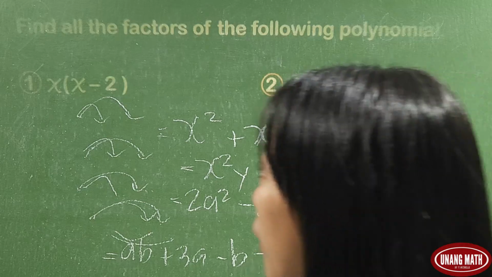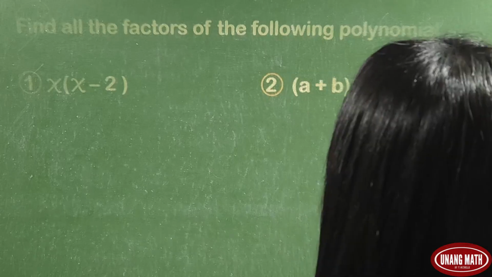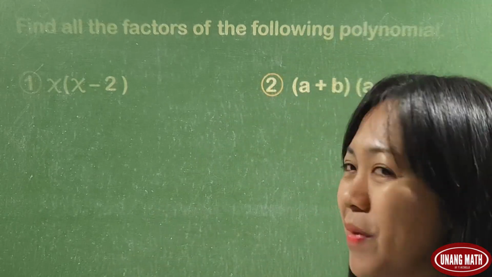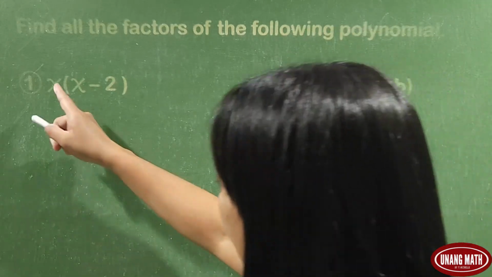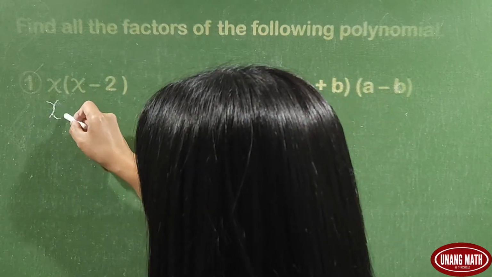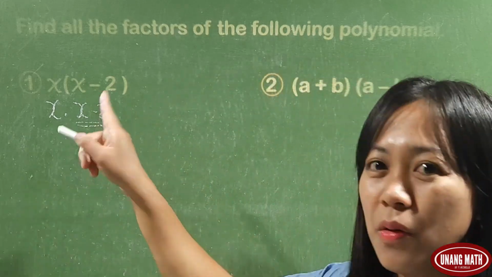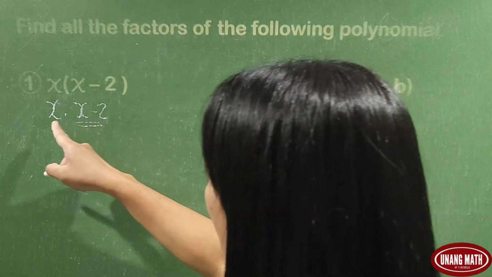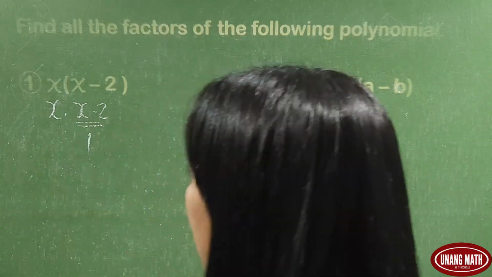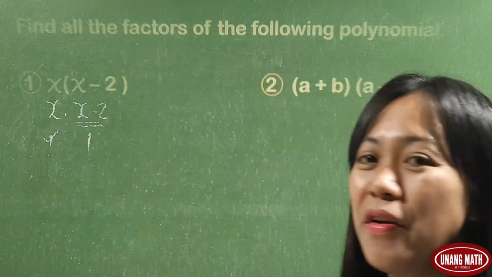Okay, what about here? Find all the factors of the following polynomial. So x times x minus 2. This is considered one term, so it means this is a factor. x is another factor.